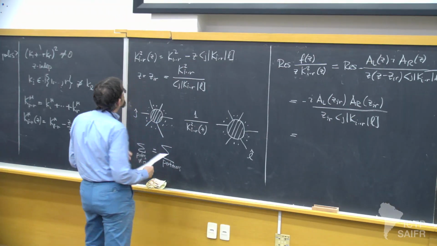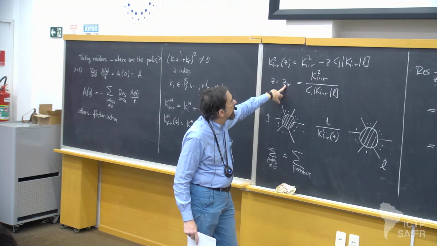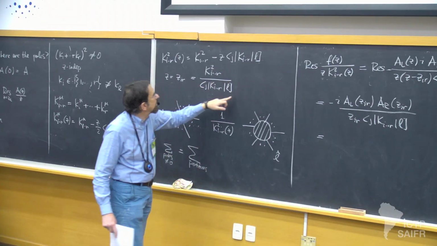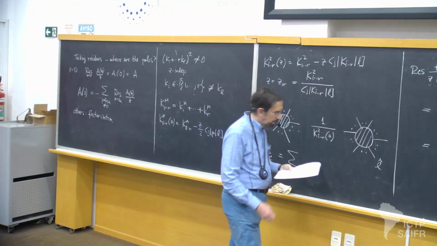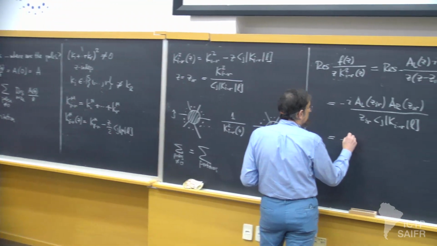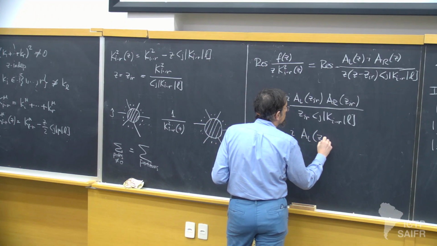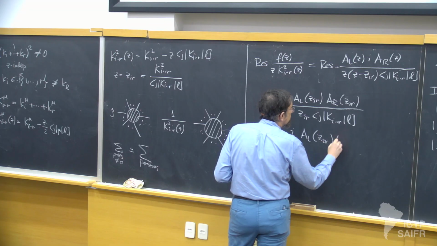Well, so we see what the z_IR here, if we multiply by this spinor product, it's actually just going to cancel the denominator. And what we're left with is just the product of the two sub-amplitudes.